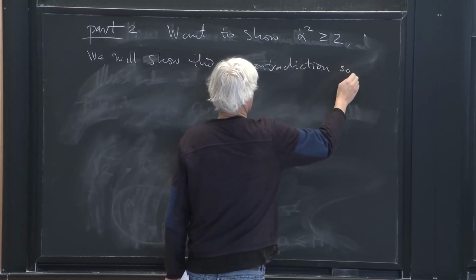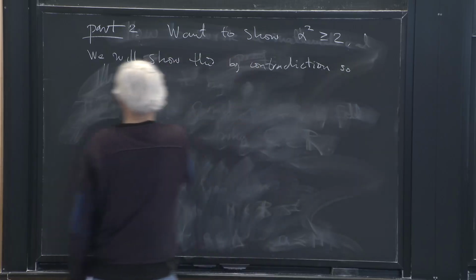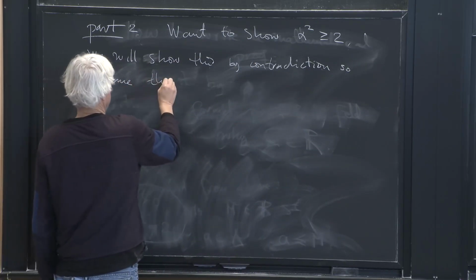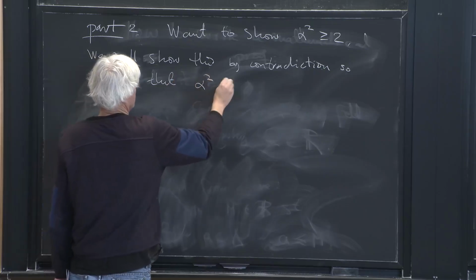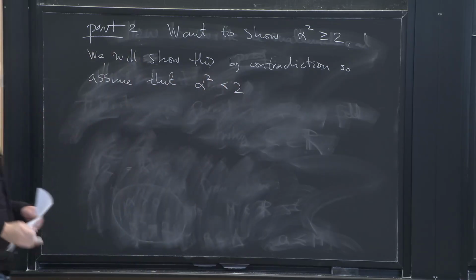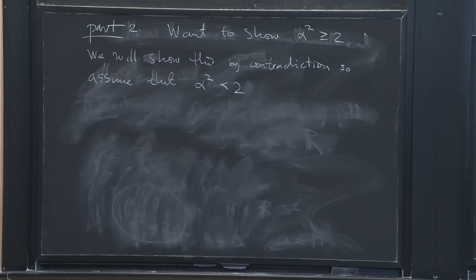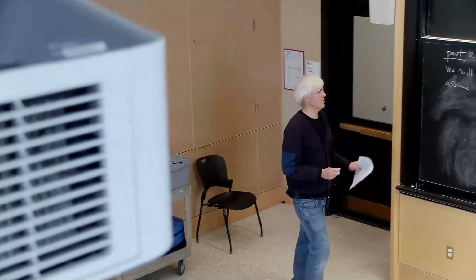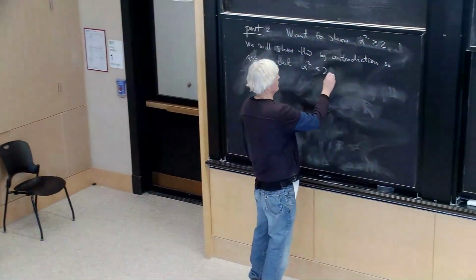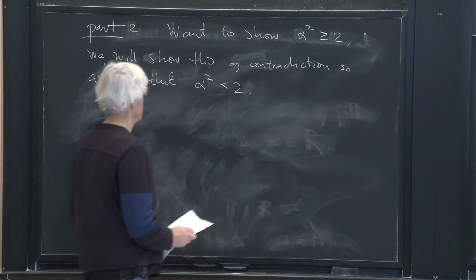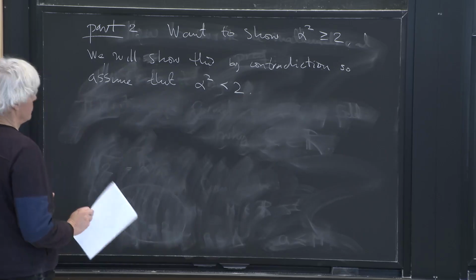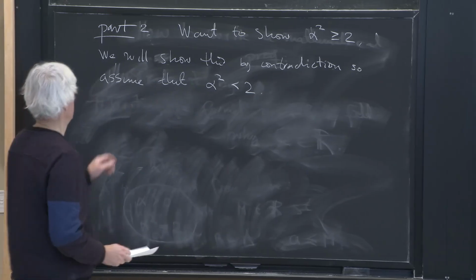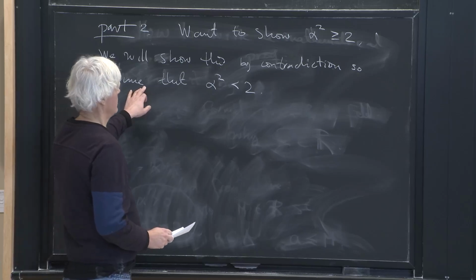So, assume that alpha squared is strictly less than 2, right? And now I think it's helpful, you don't necessarily have to do it, but I think it's helpful to think about where the contradiction is coming from.